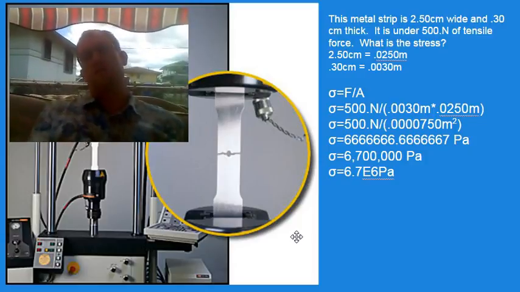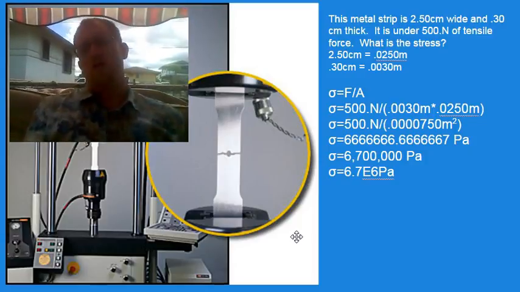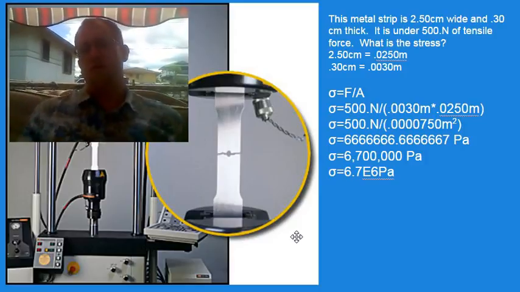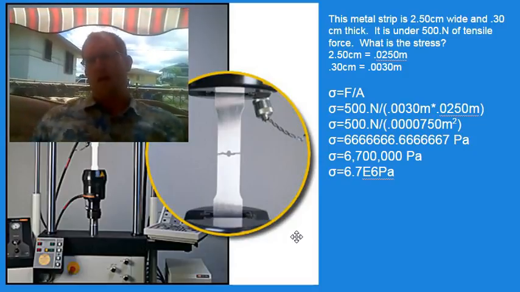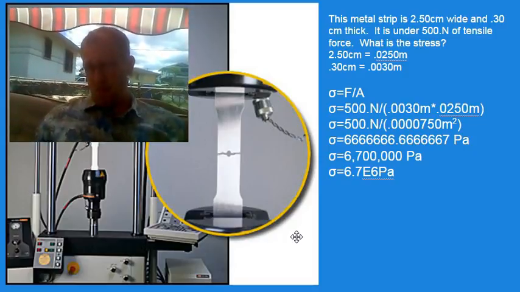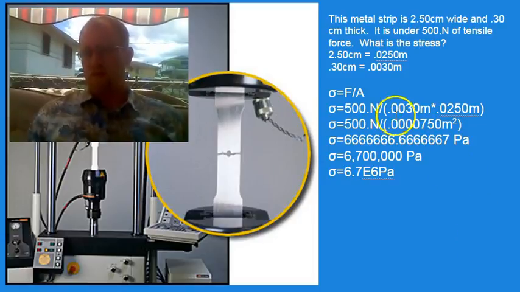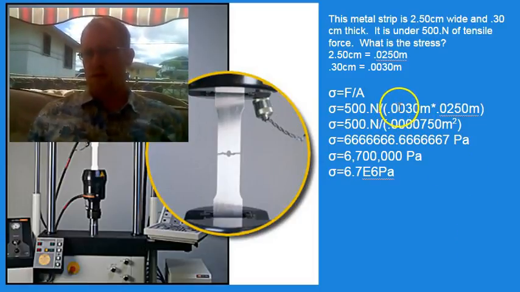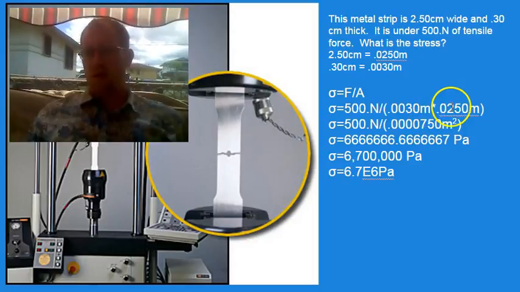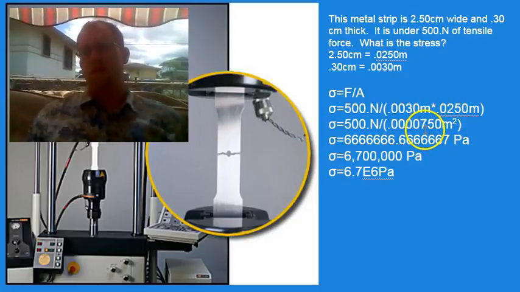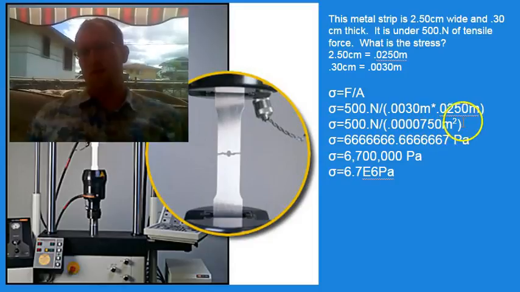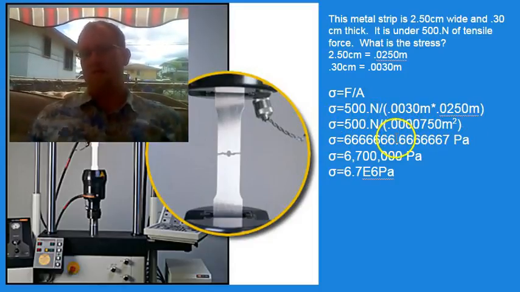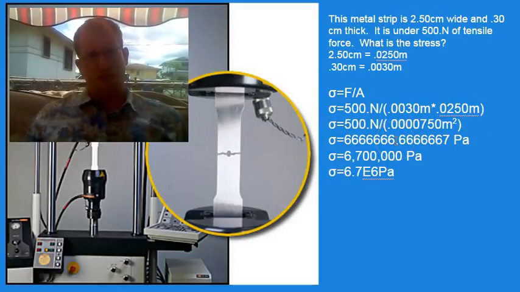So now sigma equals force over area. Force is 500 newtons. The area is just 0.0030 times 0.0250. Quick multiplication. I know 3 times 2.5 is 7.5, and there's lots of zeros. But if you plug it in, it's pretty simple. Here we have 0.0000750 square meters. That's my cross-sectional area. 500 newtons divided by that gives me basically a gigantic 2/3 number.